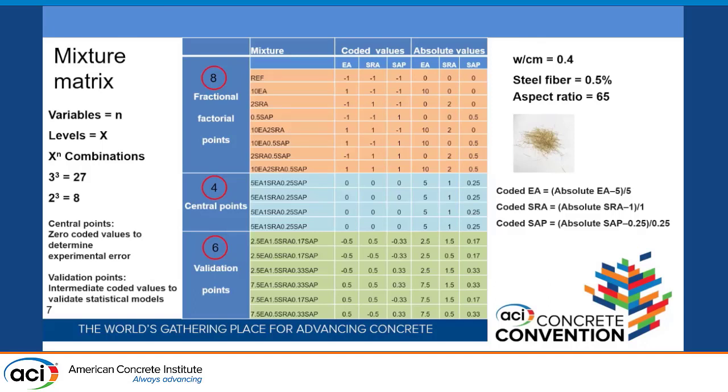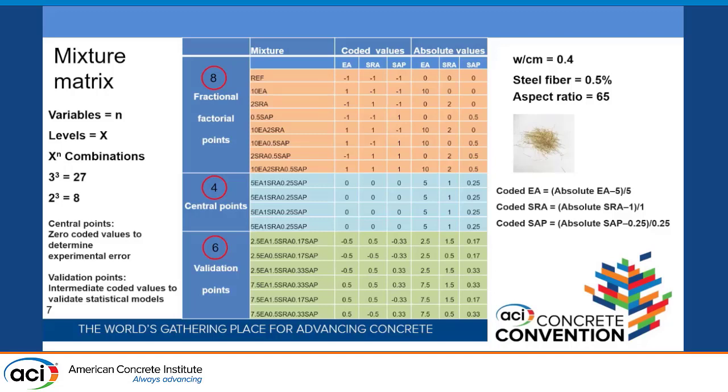As you see on this slide, I used a fractional factorial design. This is the mixture matrix, including 8 main mixtures, and you see the coded values in the first three rows, and the absolute values. The relationship between coded values and the absolute values is on the right.